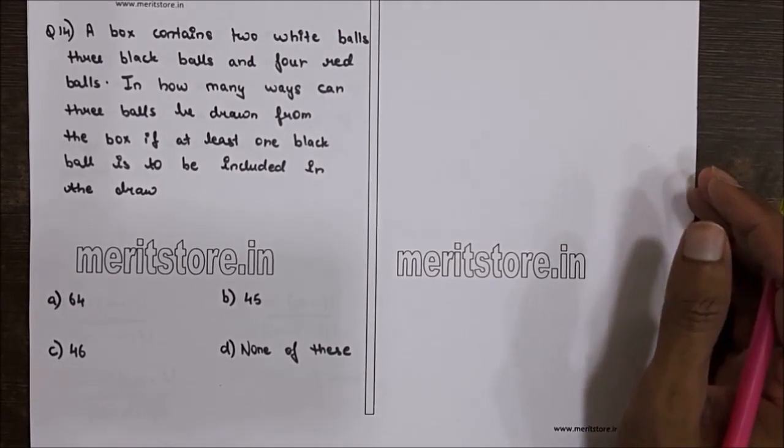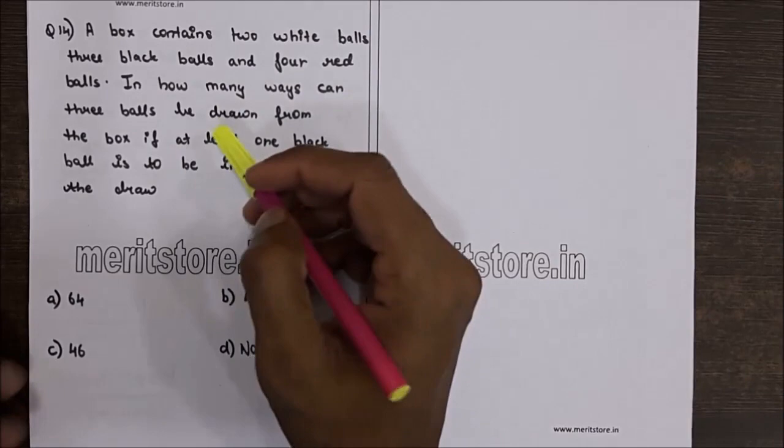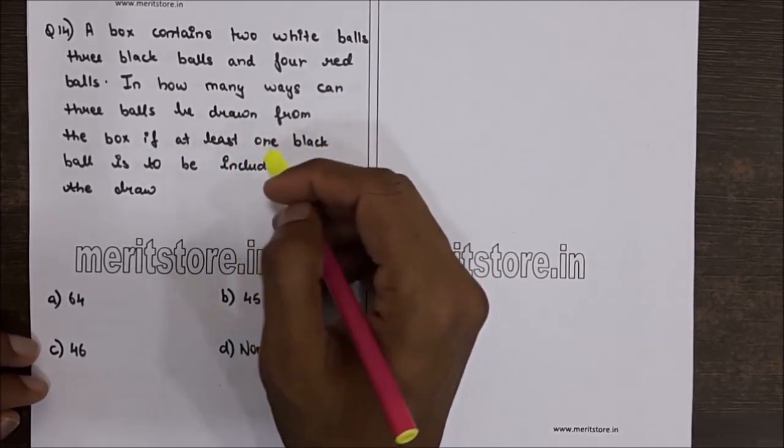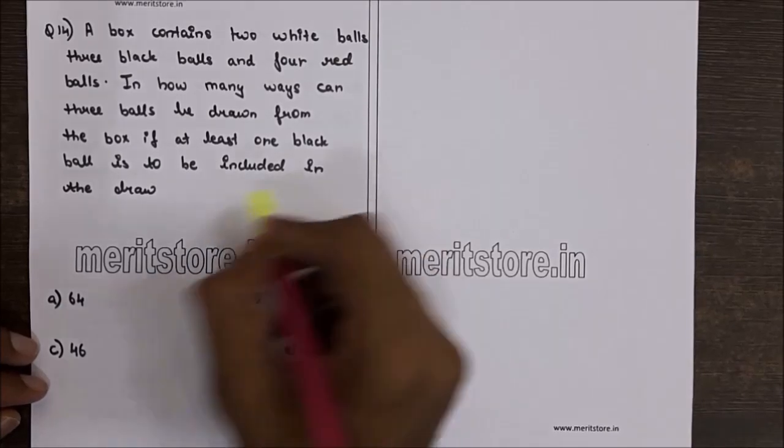Question 14. A box contains 2 white balls, 3 black balls, and 4 red balls. In how many ways can 3 balls be drawn from the box if at least 1 black ball is to be included in the draw?